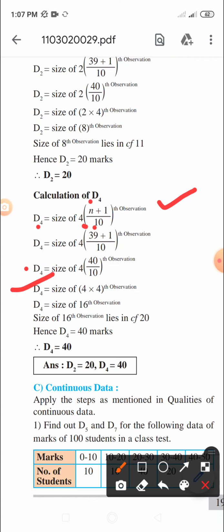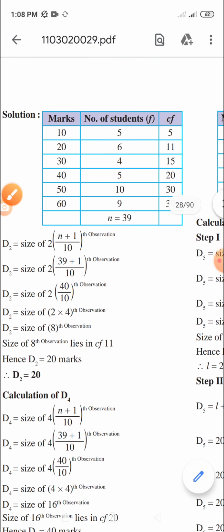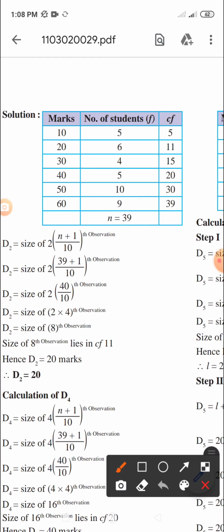That is, D4 is equal to 4 into 4th observation. D4 is equal to 16th observation. This 16th lies in CF 20, because the 16th does not lie in 15 and it does not lie in 11. It lies in CF 20.